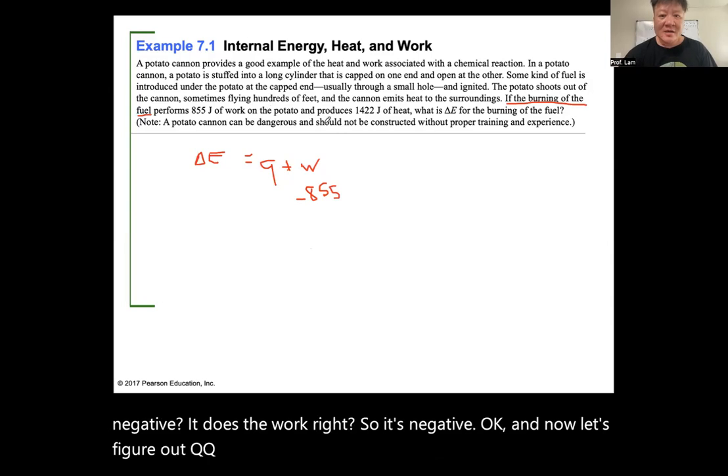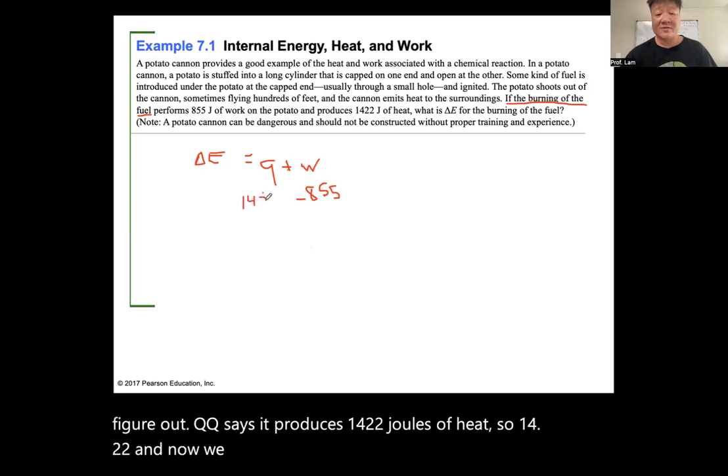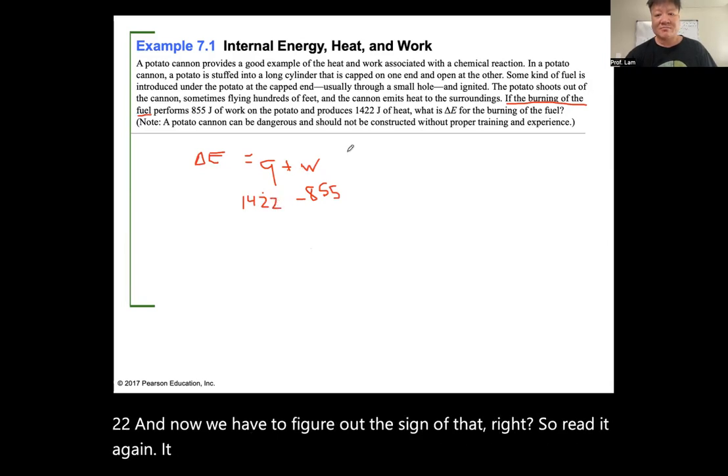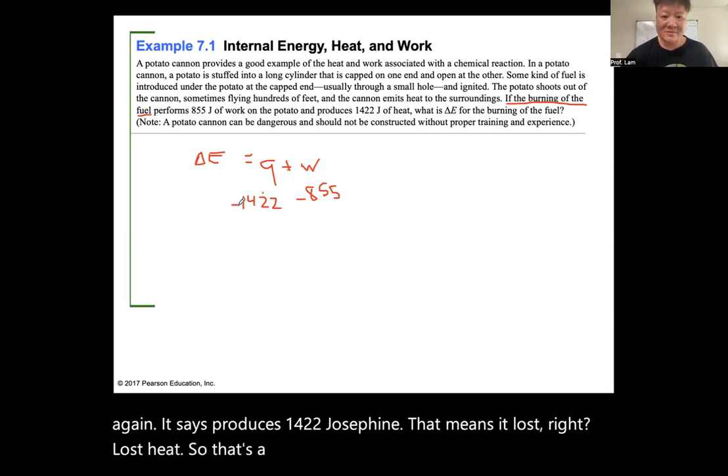Okay. And now let's figure out Q. It says it produces 1422 joules of heat. So 1422. And now we have to figure out the sign of that, right? So read it again. It says produces 1422 joules of heat. That means it lost heat, so that's a negative as well. Okay.